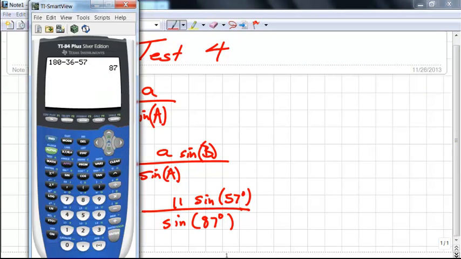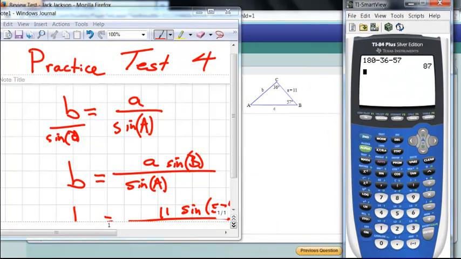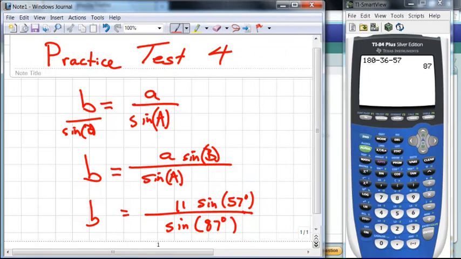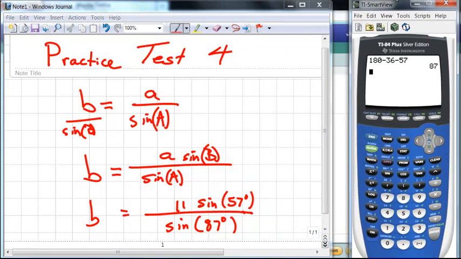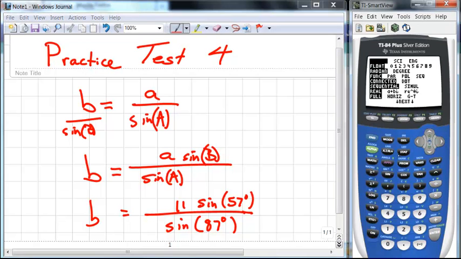All right, we just have to do that on the calculator here. First of all, let me check my mode. Right now I'm in radian mode, so I'm going to have to enter the degree symbol or change it to degrees.